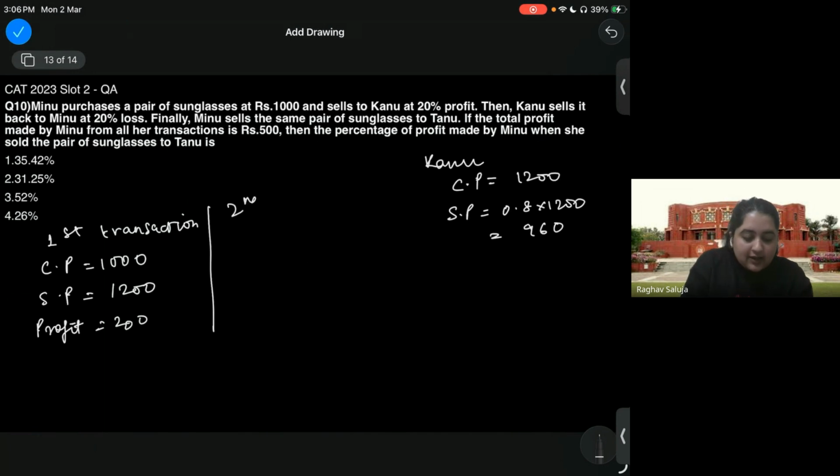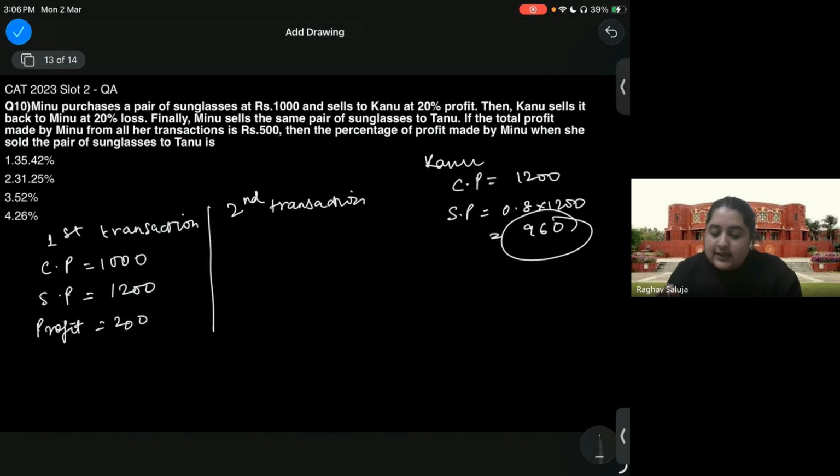So for the second transaction of Meenu, basically 960 is the price at which Meenu repurchases these pair of glasses. So the second transaction where she sells her glasses to Tanu, is her cost price for these sunglasses is going to be 960 because she bought at this price from Kanu.